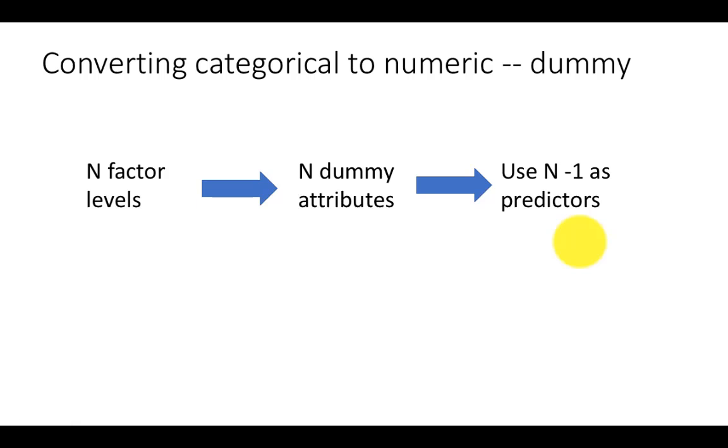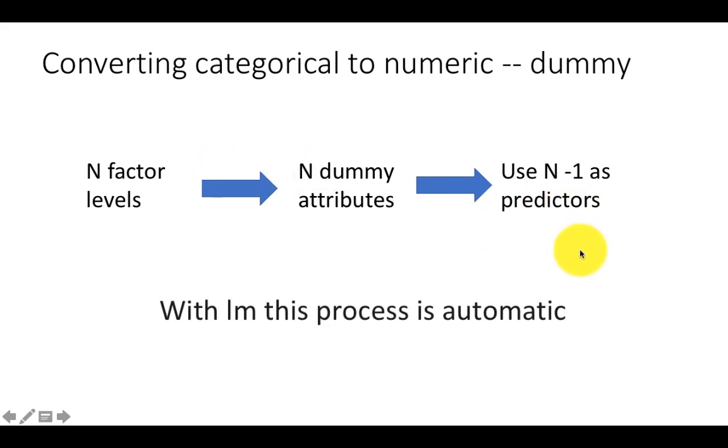If you recall, we did this in KNN, and we had to be careful and do this manually. The good news is that with linear regression, you really don't even have to worry about anything. You just indicate that it's a factor, and the system takes care of everything else. You don't even need to worry about converting them to dummy attributes. lm takes care of everything for us.